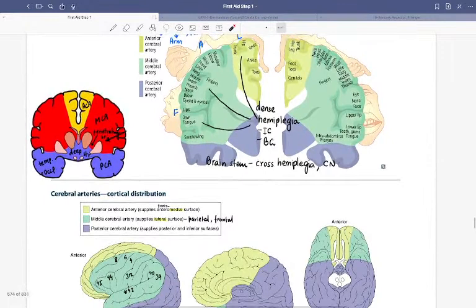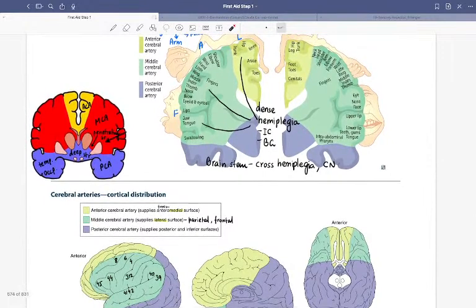It's very obvious when you have the lateral surface, the entire lateral surface is supplied a lot by the middle cerebral artery. The lateral surface has motor, sensory, Broca's, Wernicke's. All this is on the lateral side, so that is going to be frontal and parietal, middle cerebral.